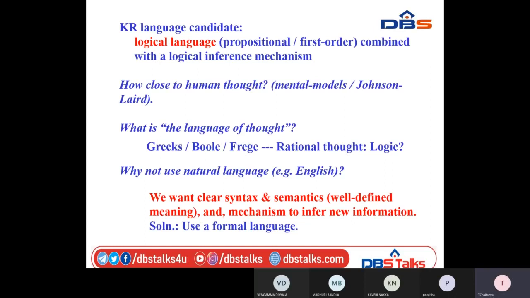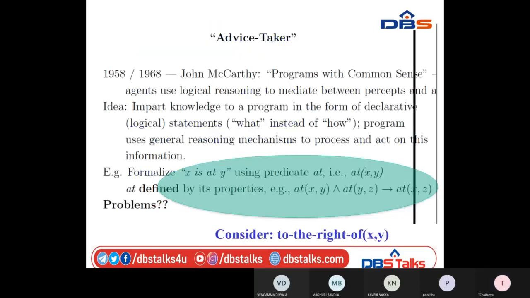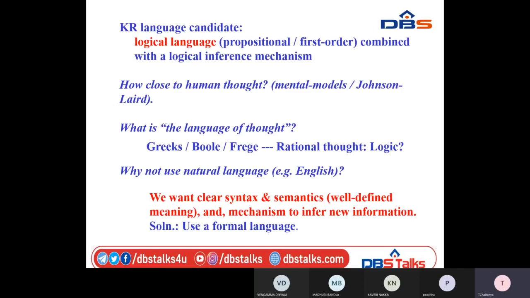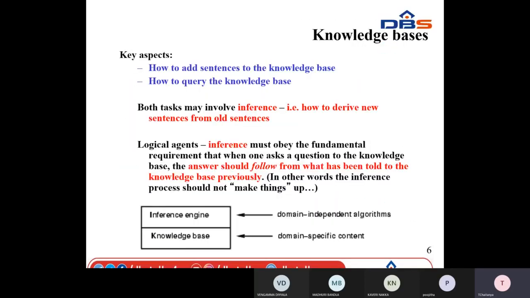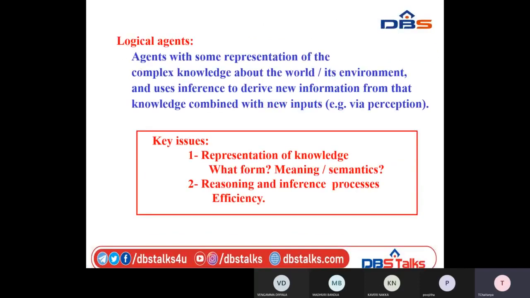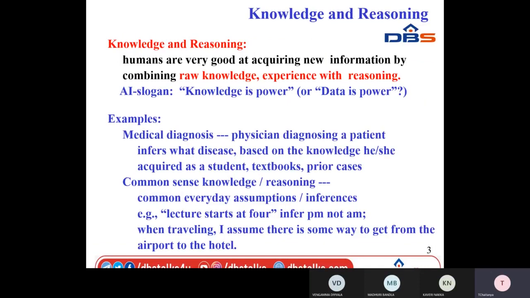We want a clear syntax and semantics, as well as a mechanism to infer new information, so we use a formal language. So this is about the logical agent concept. This is the first concept in our second unit, logical agent.